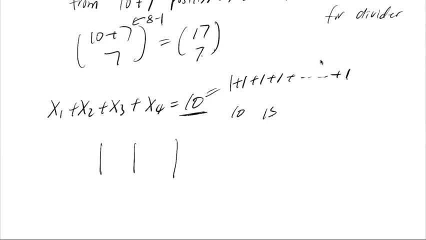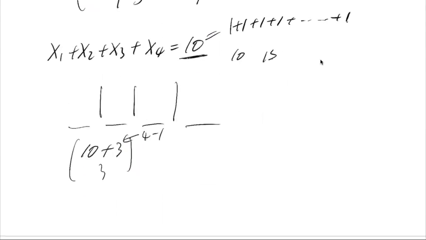Essentially we're placing identical ones into these 4 bins. So the way we do that is 10 plus 3, choose 3, and the 3 comes from 4 minus 1. We only need 3 dividers to divide the space. Out of the 13 positions, we want to choose 3 positions for the dividers.